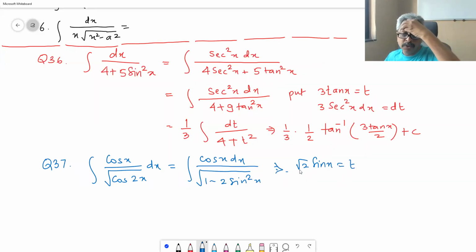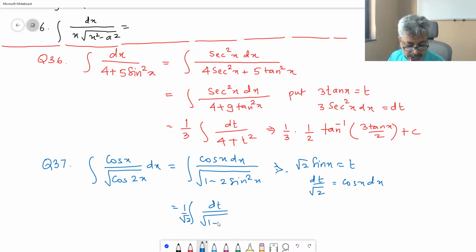So if we put root 2 sin x is equal to t, we get dt upon root 2 is equal to cos x dx. Hence the integral reduces to 1 upon root 2 dt upon radical 1 minus t square. So the answer is 1 upon root 2 sin inverse t, which is root 2 sin x plus c.